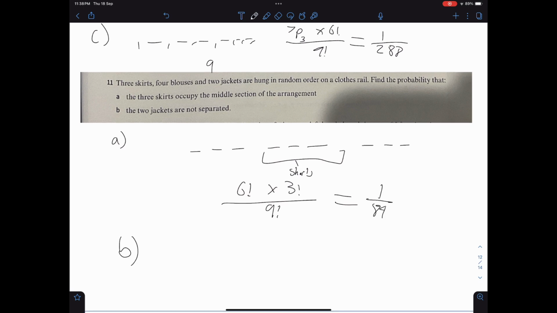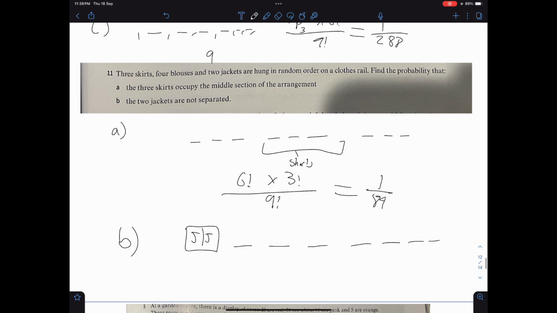Two jackets are not separated, i.e. they're together. Jackets, jackets, and then you just have the rest. So the jackets can be arranged in their own little world 2 ways.